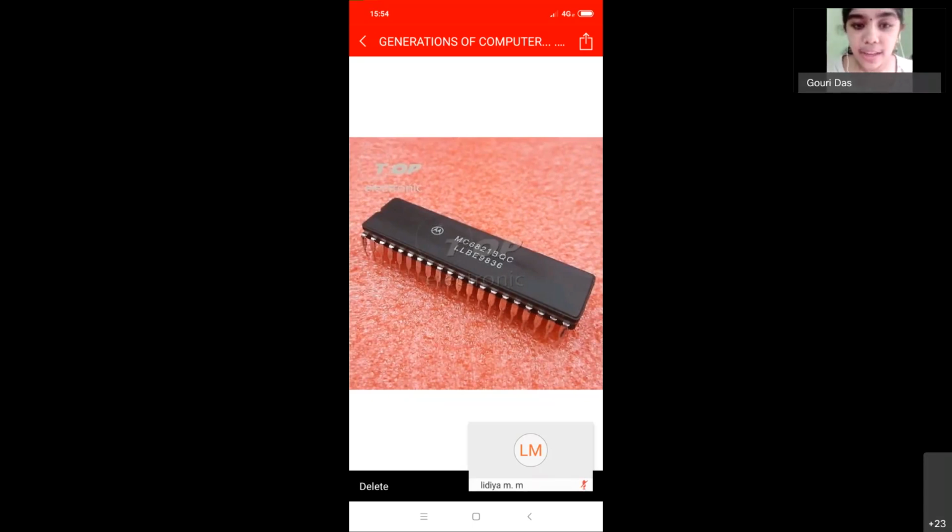Aditya, can you tell one advantage? They use silicon chips.